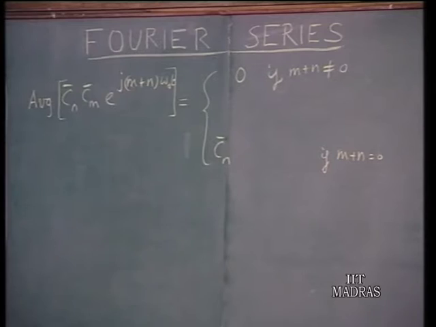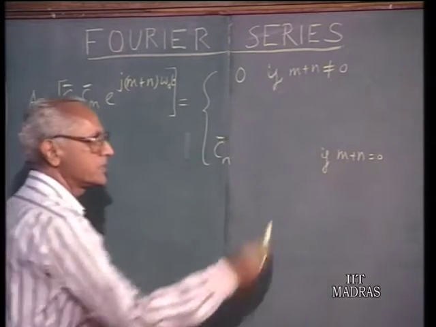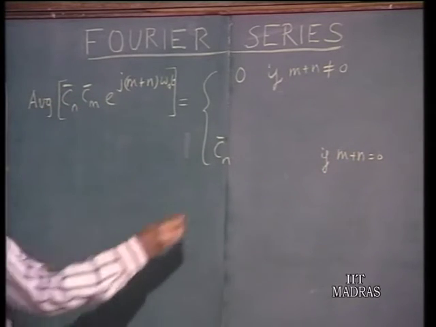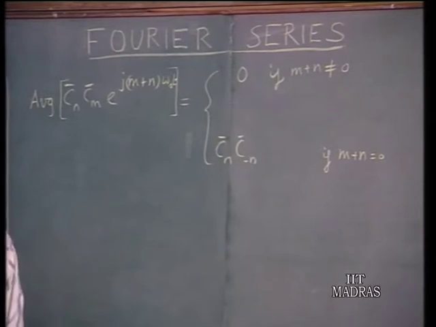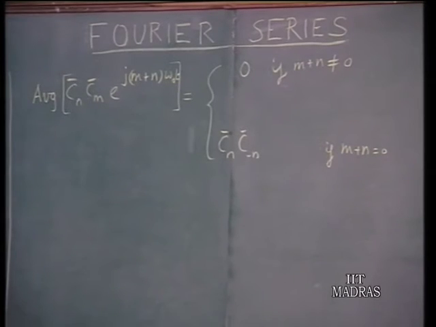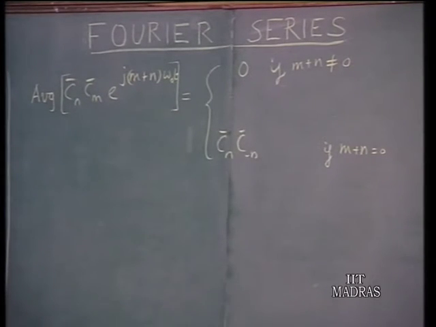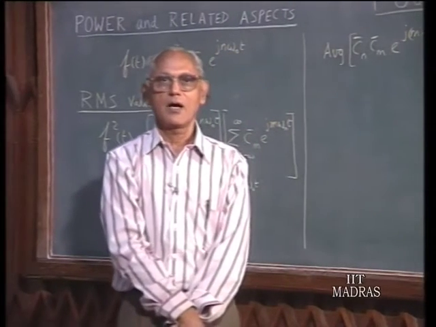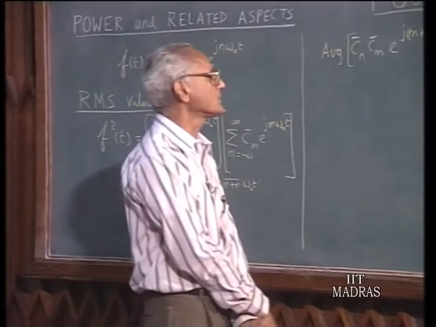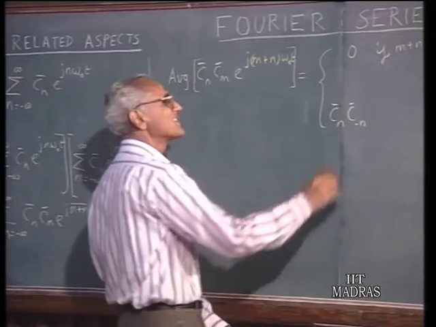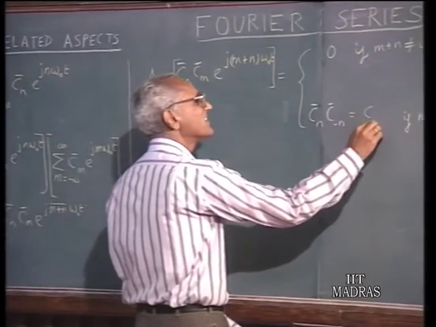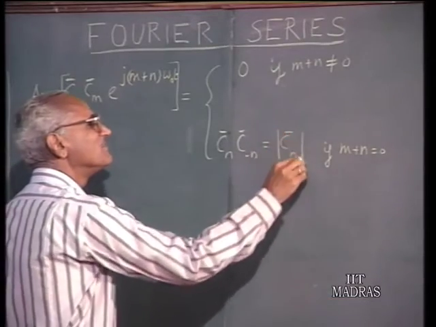And what is m? When m plus n is 0, m equals minus n. Therefore, Cn multiplied by C minus n. And since we know that Cn and C minus n are complex conjugates of each other, you are multiplying a complex number by its conjugate. The result is simply the magnitude of Cn whole squared.